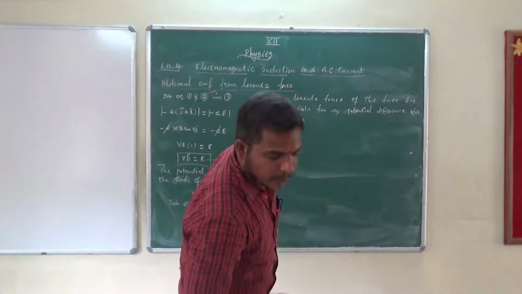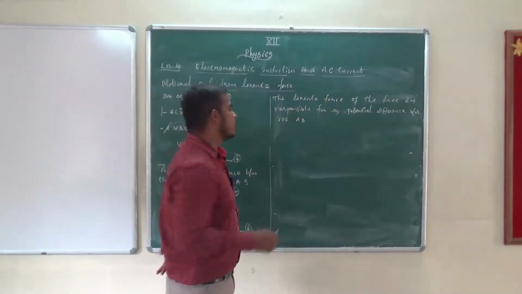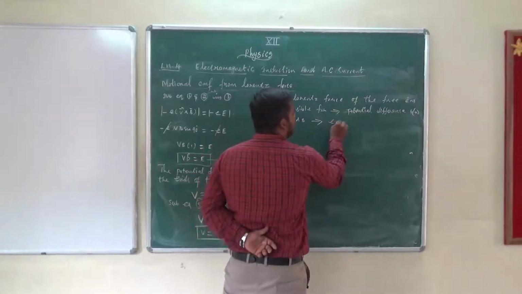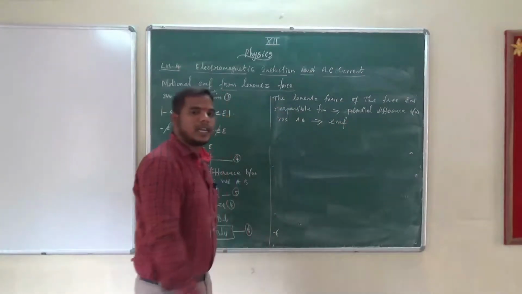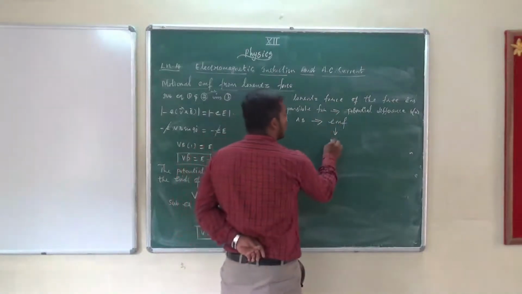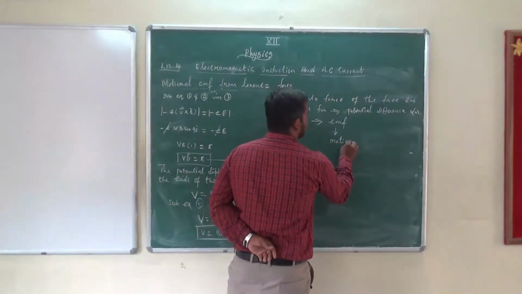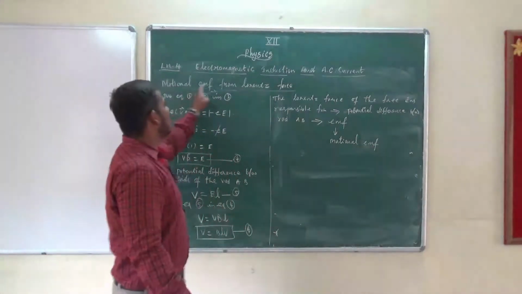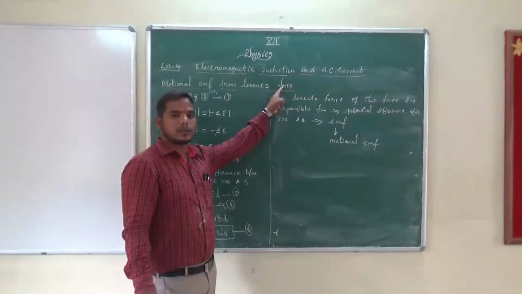Potential difference produced between the rod. So due to that, they produce EMF. This EMF is known as a motional EMF. Got it? So motional EMF from Lorentz force.